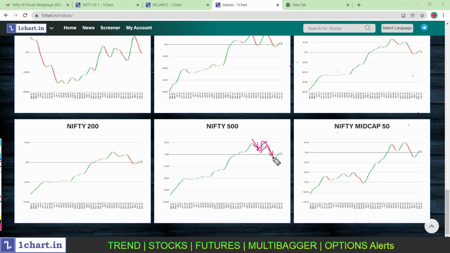Again big fall. After pullback, again big fall. So today what happened? 300 points gap down Nifty. So most of the 500 stocks are looking in negative direction. So what happened? There is a gap down formation.